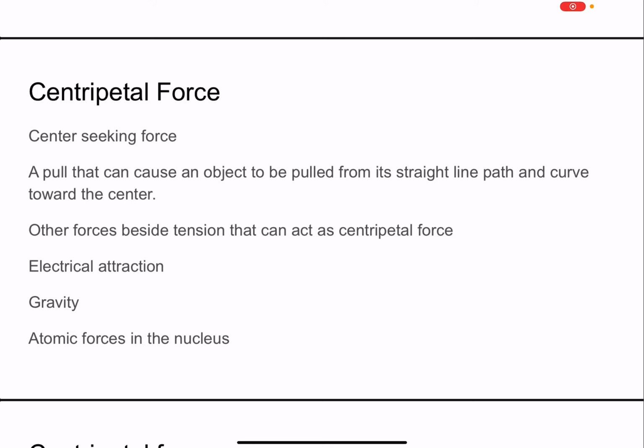So there is some kind of force being applied to pull it around into circular motion, and the centripetal force can be a different thing depending on the situation. It is a pull that causes an object to be pulled from its straight-line path to curve around towards the center. It can be tension, gravity, electrical attraction, or atomic forces in the nucleus. Those are things that can pull it from flying off on the tangent and back toward the center, keeping it moving in circular motion.